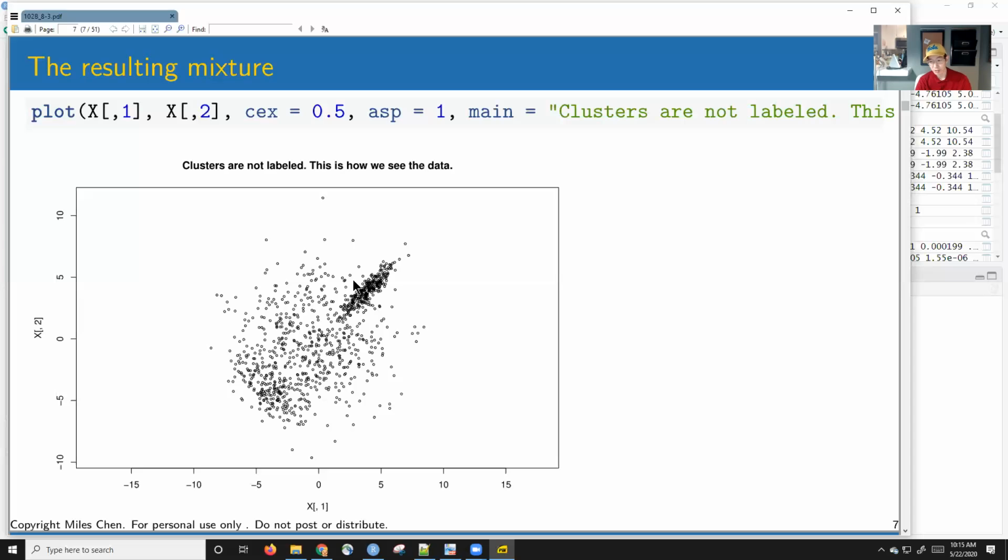And so k-means clustering, which uses only Euclidean distance, will say this one belongs to this cluster more than this point over here.